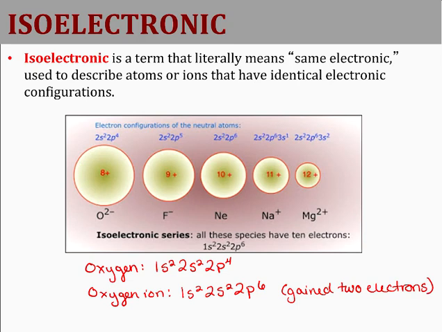Now we can compare that to the noble gas that it's trying to become, which is neon. And that's the closest noble gas to oxygen. And neon's electron configuration is 1s2, 2s2, 2p6.